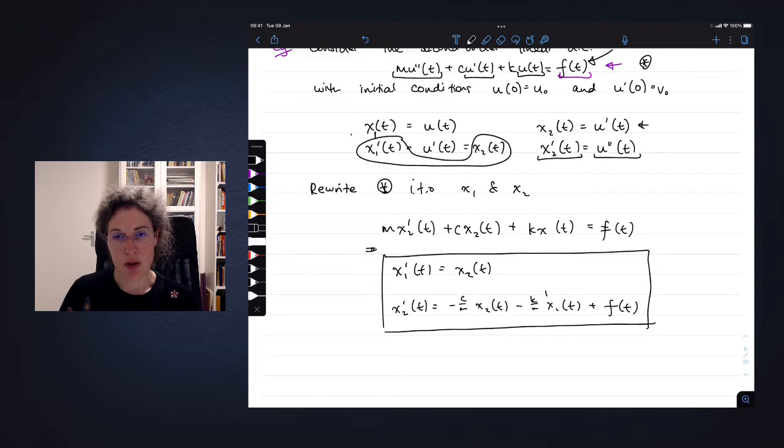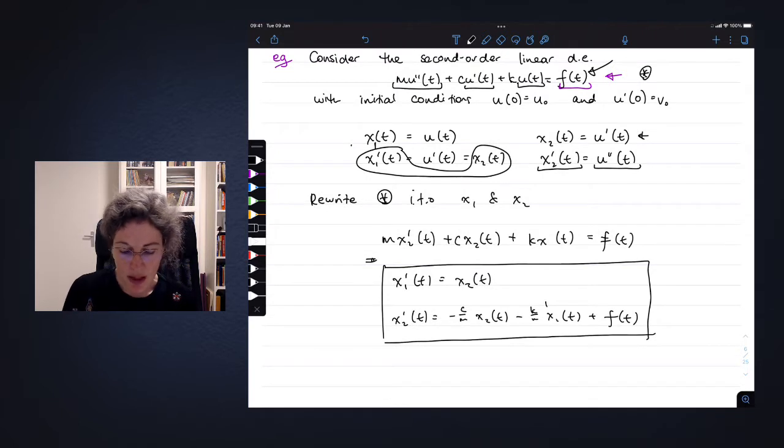So I've got two differential equations, but they're both first order and they're both linear. So although we know how to solve second order differential equations like this, this shows that you could instead turn that second order differential equation into two first order differential equations and solve them simultaneously. So we'll look at techniques for doing that as well.